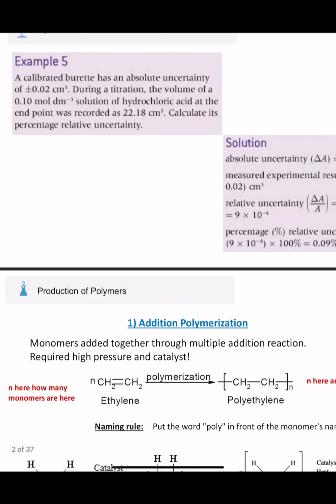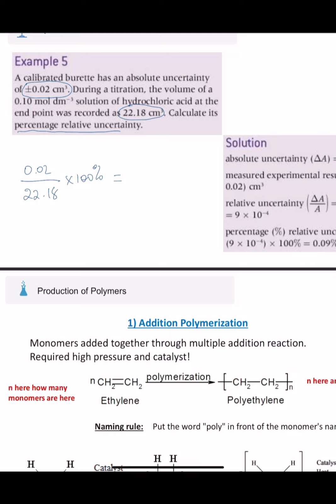Let's do one more. Here again I have my absolute uncertainty given to me. I have the reading here on the burette. Now it's telling me to calculate the percentage relative uncertainty. Let's do this again: 0.02 divided by 22.18 multiplied by 100.